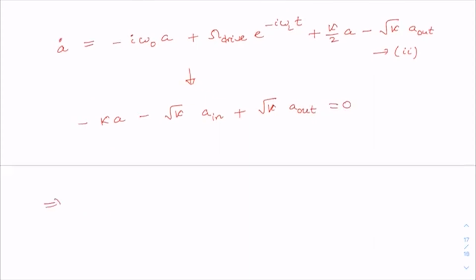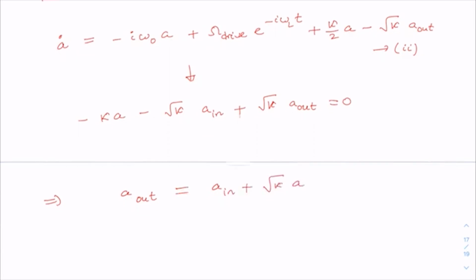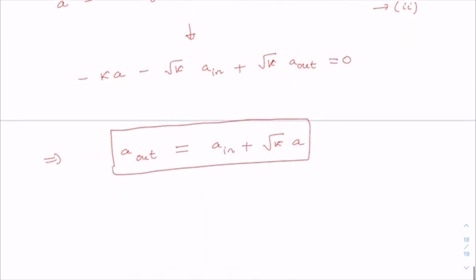From here I get an equation for the output mode of the cavity, the output optical field, that is A out is equal to A in plus square root of kappa A. This relation is known as the input-output relation, and it's a very useful relation because if we can solve for the dynamics of the cavity mode A, then we can predict the observables in the cavity output.